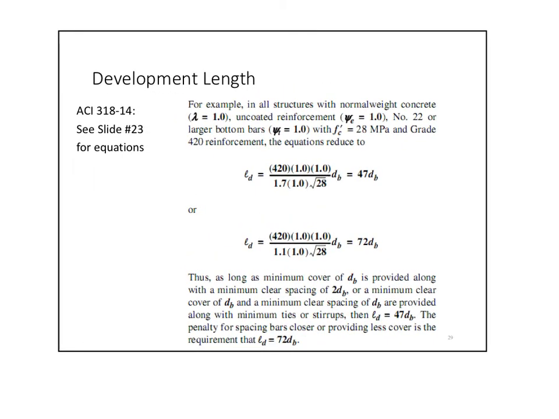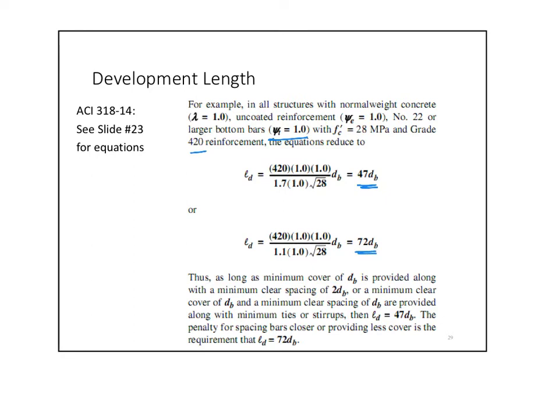Now this is continuation of it, and we're getting into an example here. What is this example saying? It's in all structures with normal weight concrete, lambda equals 1, uncoated reinforcement, so now the zinc coated or uncoated, zinc just galvanized or uncoated, our psi E equals 1, number 22 bars, bottom bars, that means psi T equals 1, with F prime C equals 28, grade 420, my reinforcement LD is 47 dB or 72 dB.